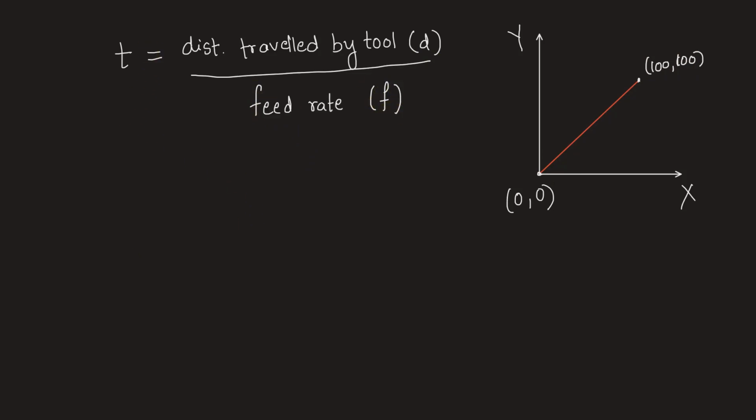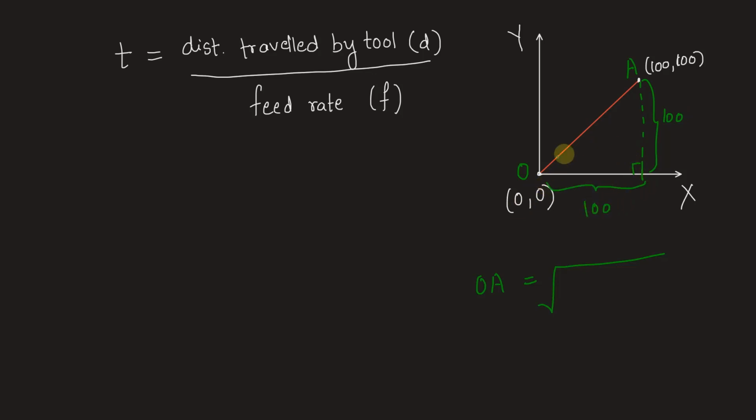given to us. So to find out the distance traveled by the tool, we need to find out the distance along this red path, which is nothing but, let this be OA. We have OA equal to root over... This distance is 100. This is also 100.